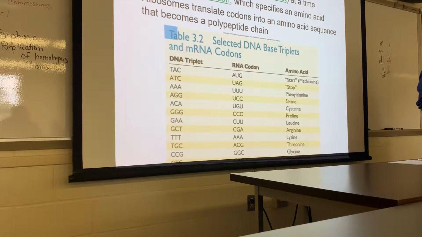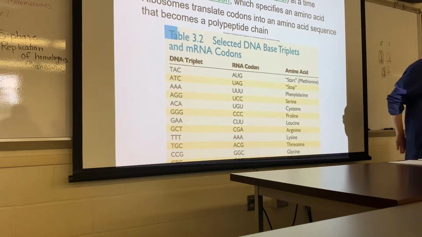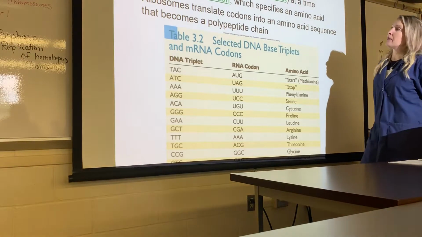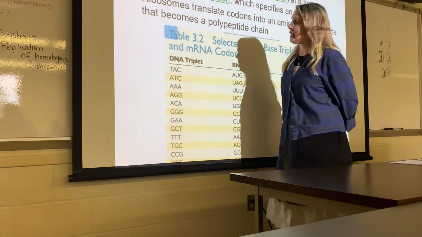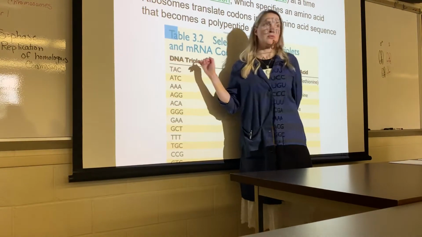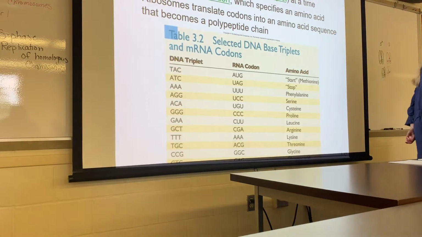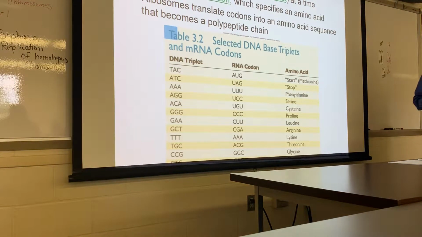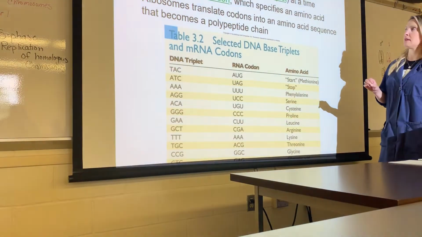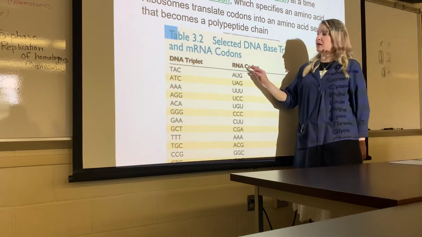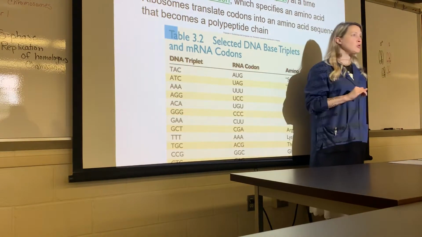Okay, there's one correction I wanted to make here. On DNA, we have 3-letter sequences that are known as a triplet. On RNA, 3-letter sequences are known as codons.